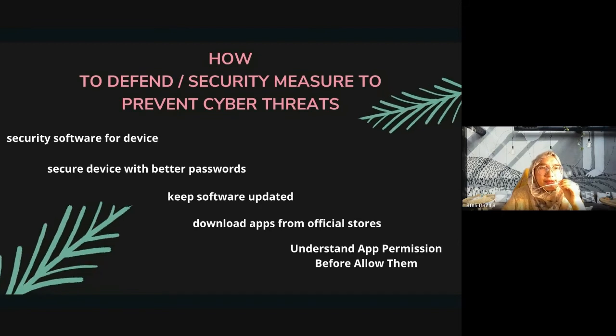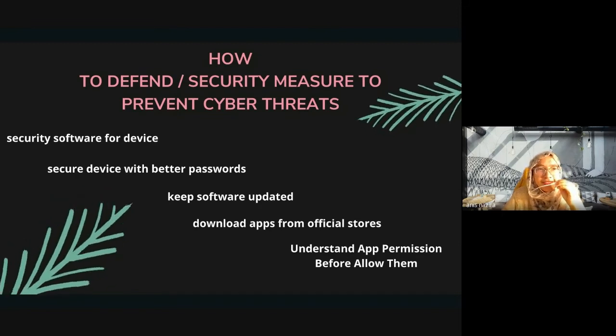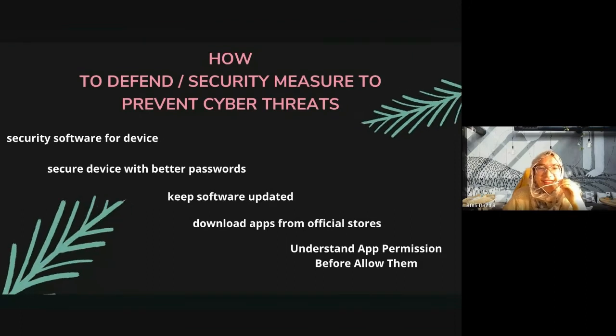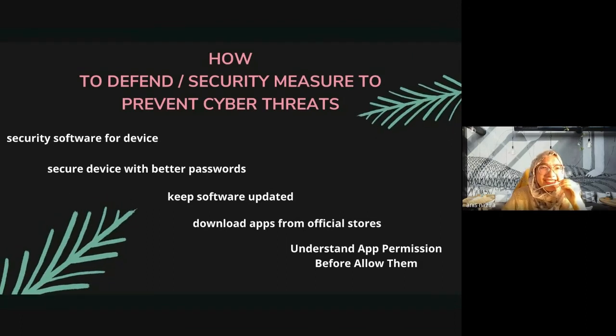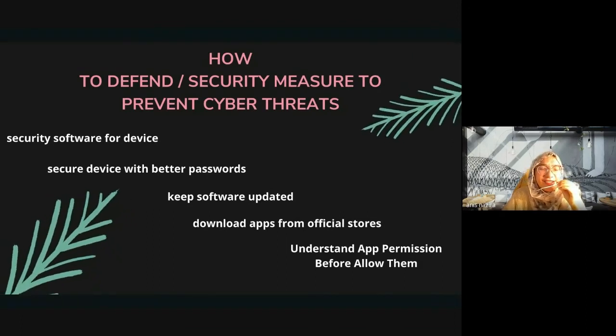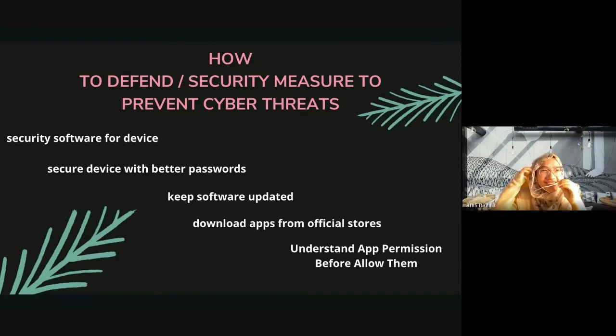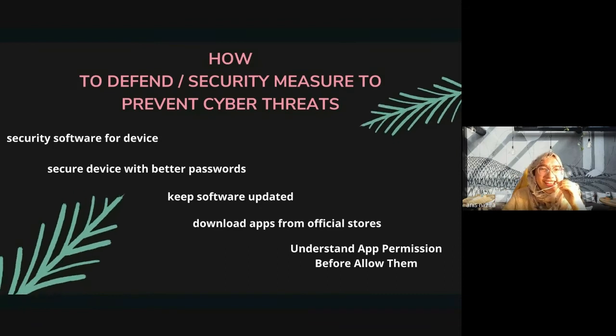And the most important is to keep software updated because, as Sir Gigi also said, it can patch the holes in our system, so hackers cannot find the loophole and attack us from that.